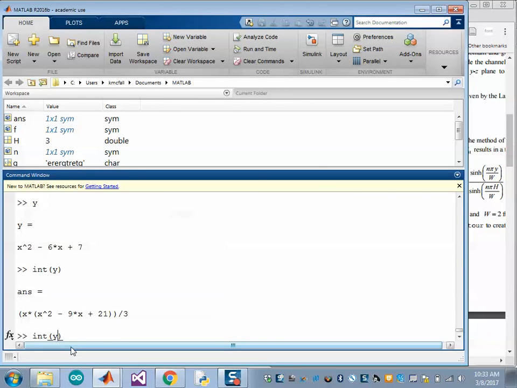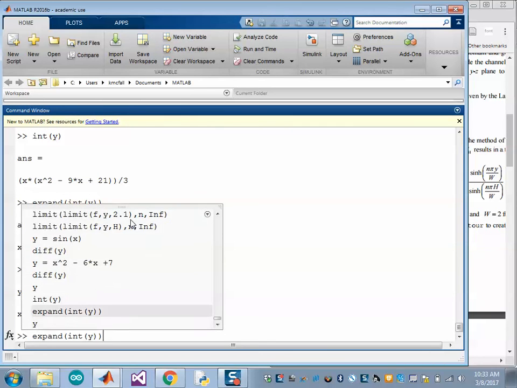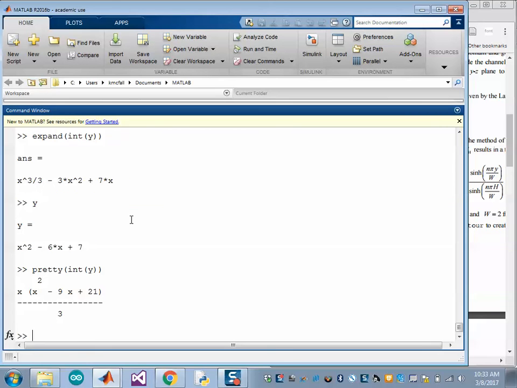Maybe if I expand that, now it's in the form that I was expecting it to be. Yes? Type in pretty and still. Yes, there's also pretty. So I can expand it. I can also do pretty on it, which will make it look like that.